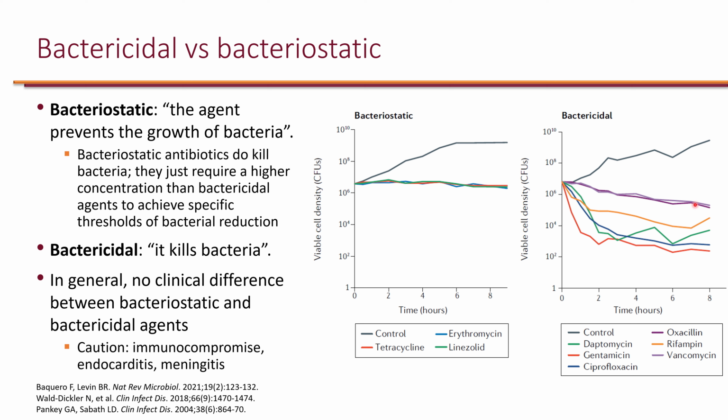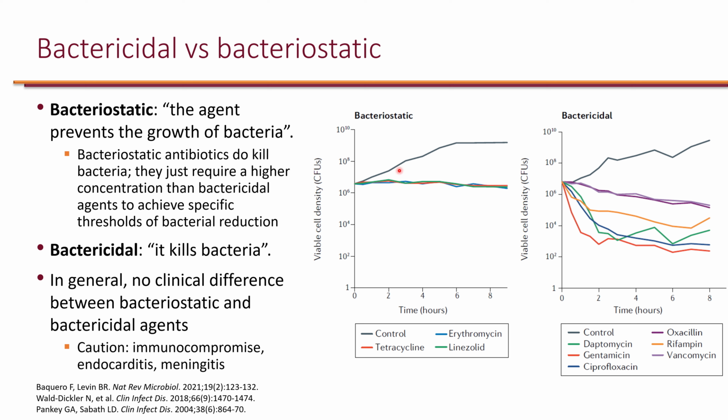They actually decrease the number of colony forming units over time, and some of them more rapidly than others. So for example, aminoglycosides such as gentamicin are famous for rapidly dropping the number of colony forming units. So it actually kills pretty fast, and some of them kill slower.